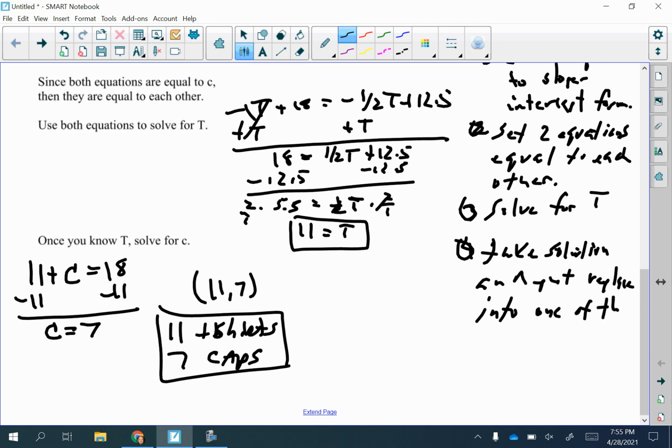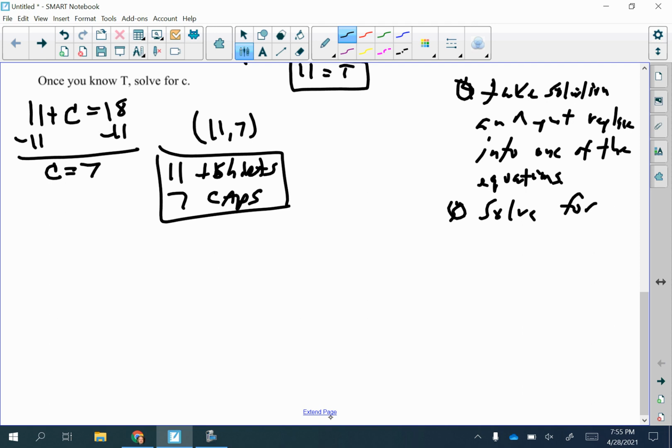It's really hard to write neat on this thing. And then you'll solve for your other variable, which in this case was c, or the other case would be x.